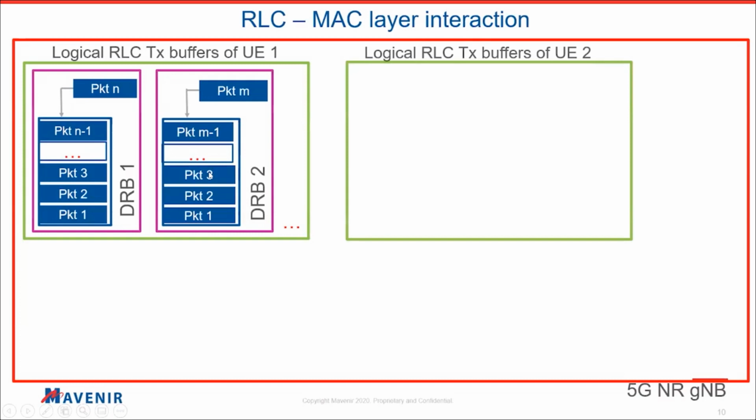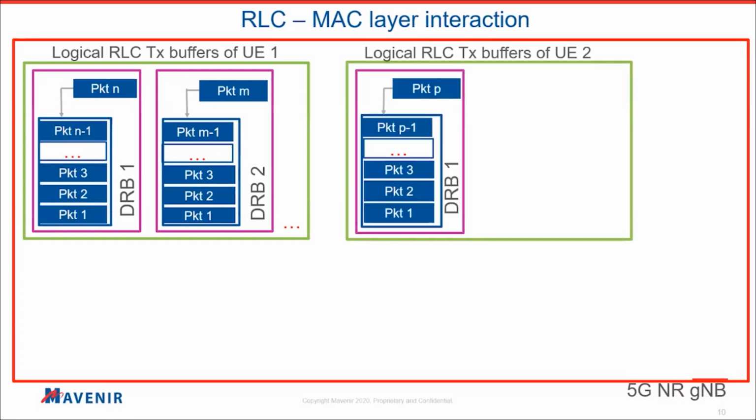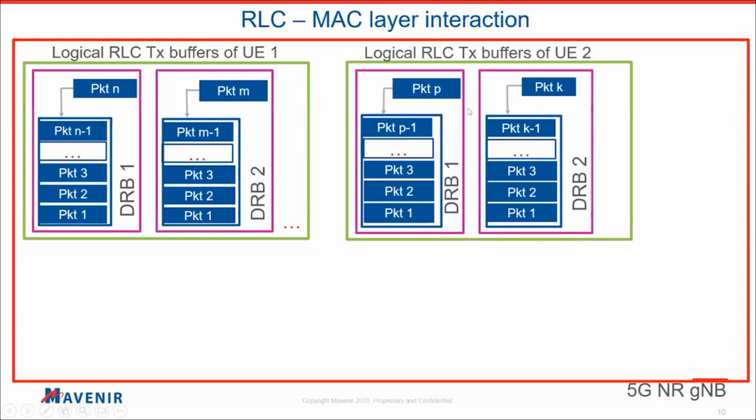And similarly, you have another user, and again you have 2 logical buffers, and you're seeing queuing of IP packets for the flows pertaining to these data radio bearers inside the buffers, okay? And there can be more than 2 DRBs for a user, that is possible. And you can also have multiple users being served by a gNodeB.